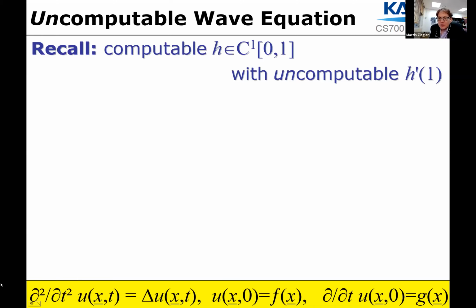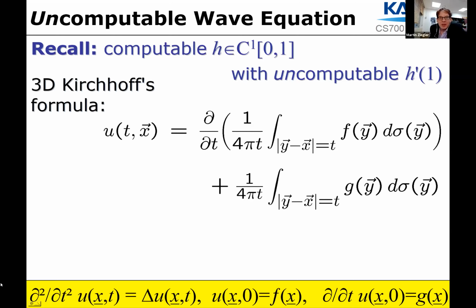Right, so the mathematical solution theory of partial differential equations is very involved, and we've studied the computability here. Actually, people have studied that before, like Pour-El and Richards, and they came up with this counterexample based on Kirchhoff's formula, which is a well-known formula in the classical theory of partial differential equations, to yield the unique solution of the wave equation. Actually, the proof proceeds differently. Suppose that u is a solution of the wave equation, then u must necessarily be of this form.